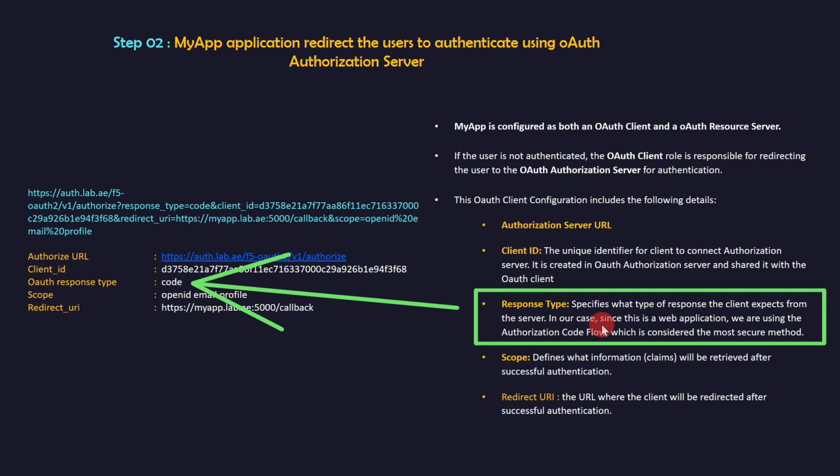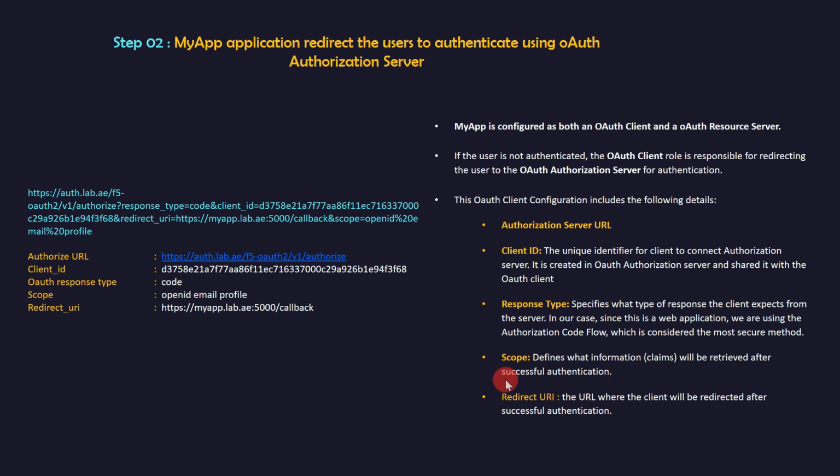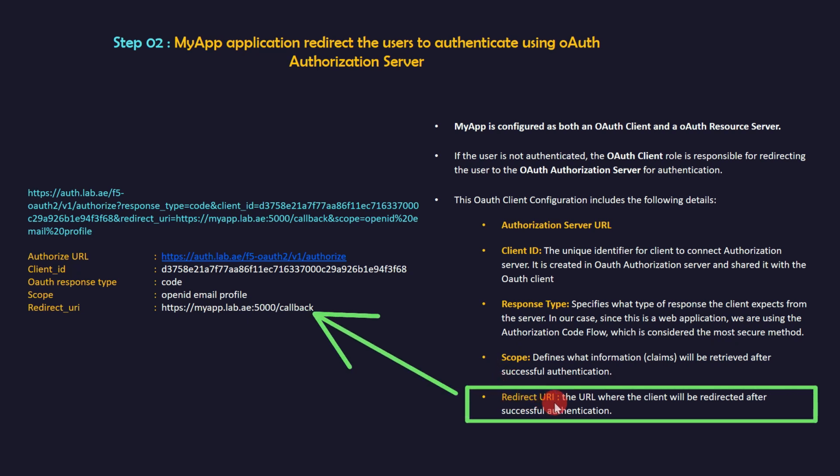In our case, since this is a web application, we are using Authorization Code Flow, which is considered the most secure method. Scope defines what information will be retrieved after the successful authentication and authorization. Redirect URI is the URL where the client will be redirected after successful authentication.